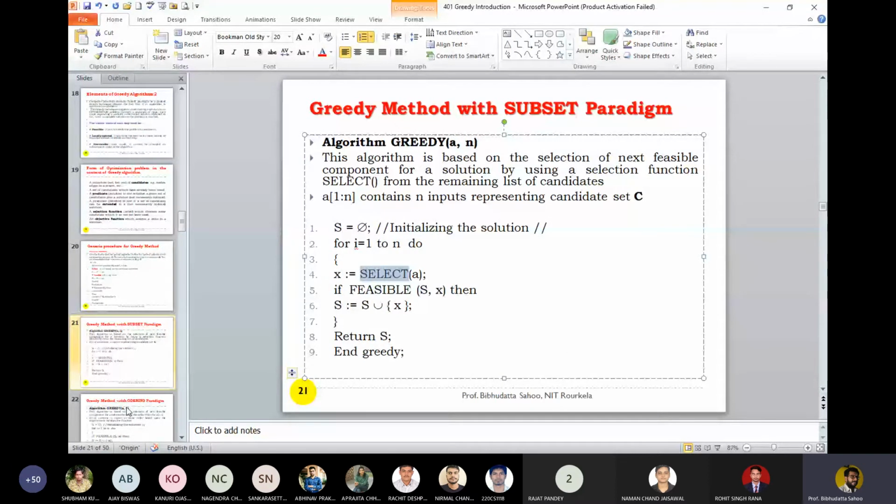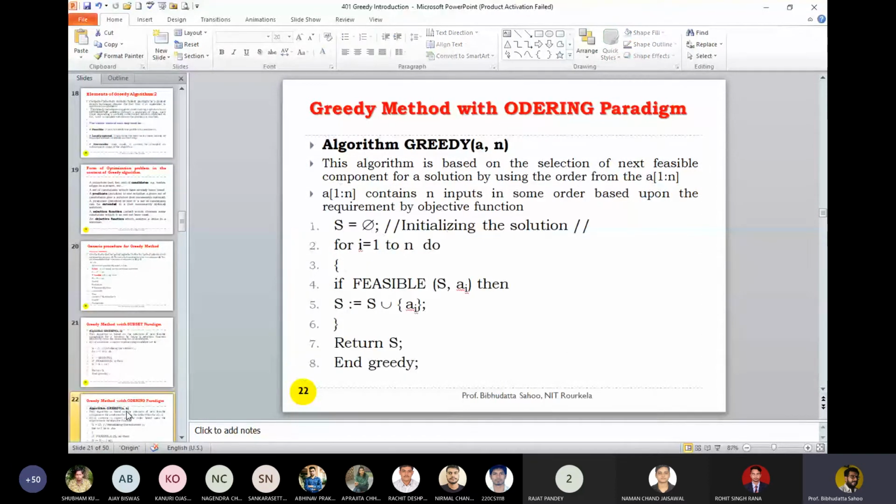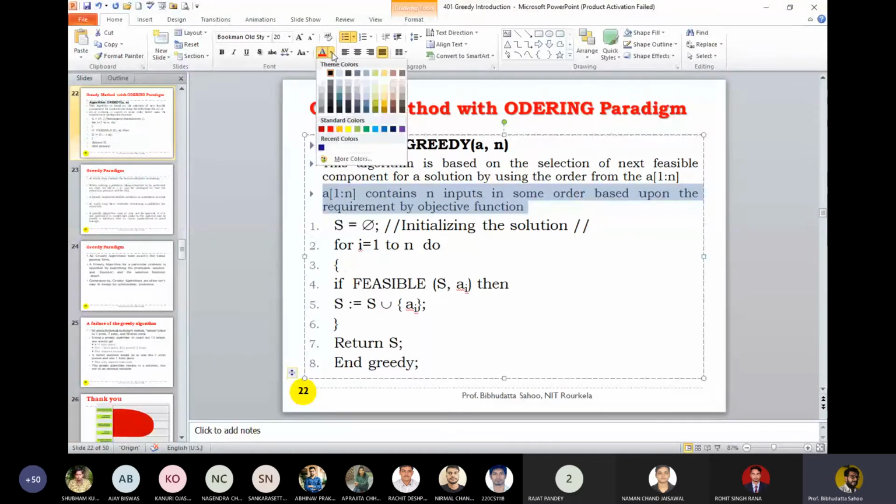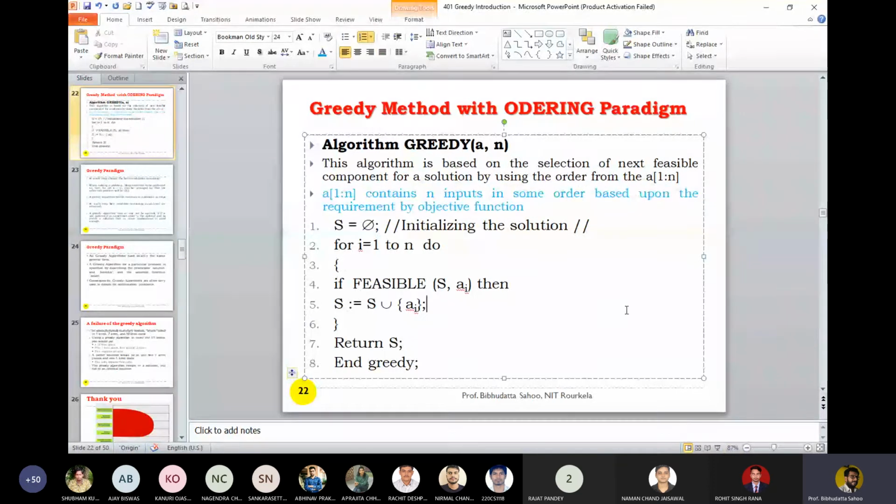Now there will be a little bit of manipulation. Whenever I try to do the selection, you see here this line is important. This line, the modification is itself in the assumption. So here the set C, which is represented by this A of n, is ordered.